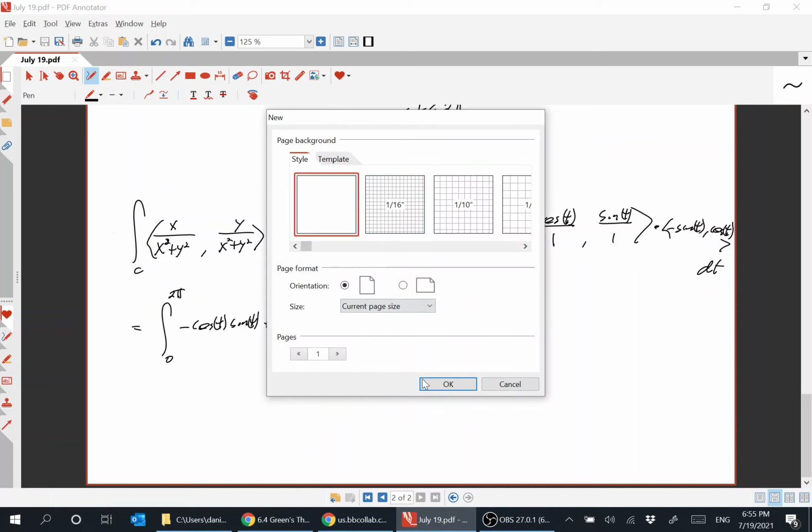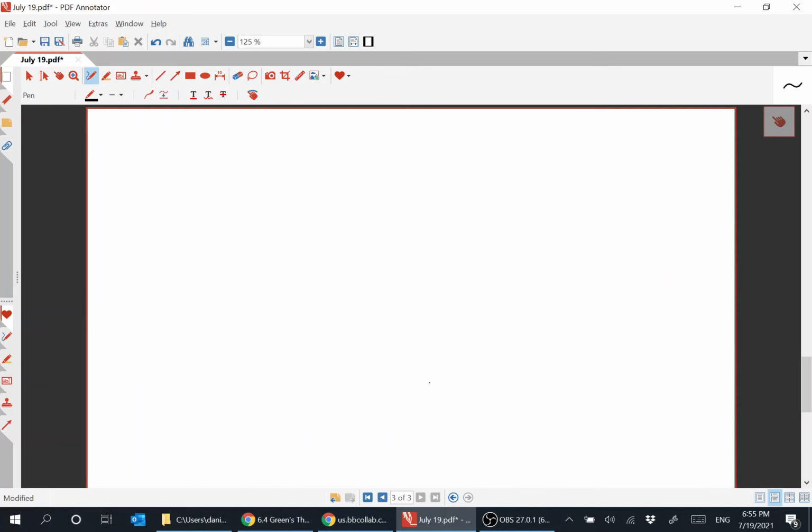It shouldn't work, but it is working for some reason. To calculate the double integral over R of Q_x minus P_y dA. What do we get?